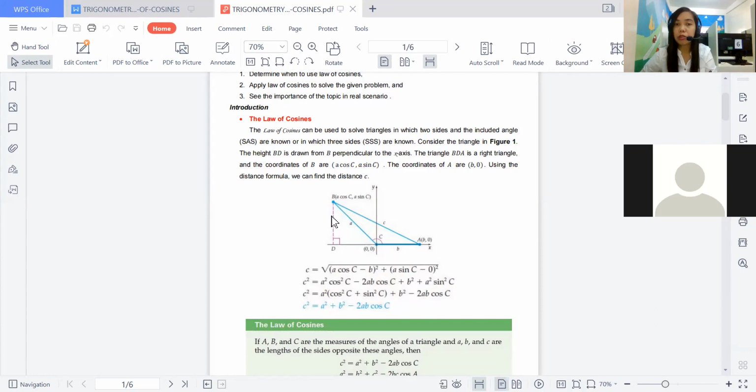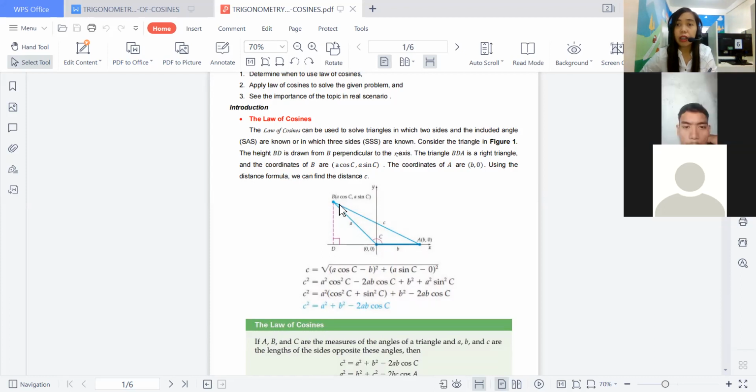So using this figure, when we simplify it, we will have the x coordinate a cosine C minus the x coordinate of the second one, that is b.